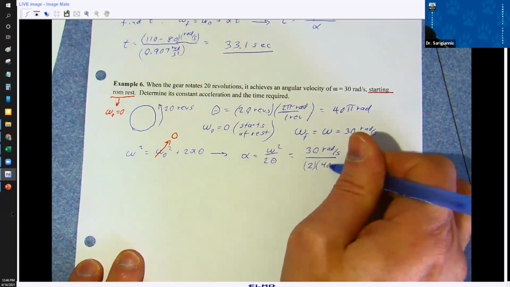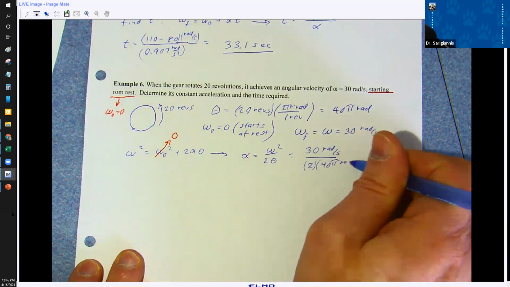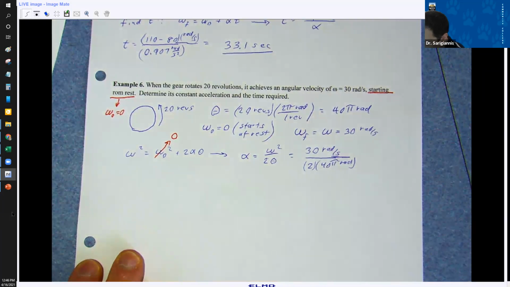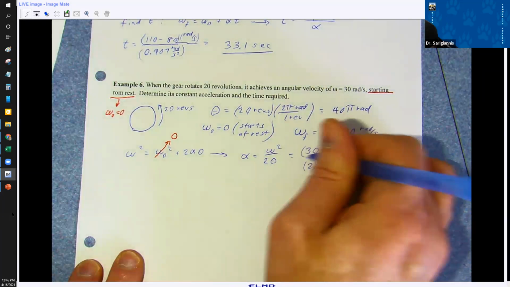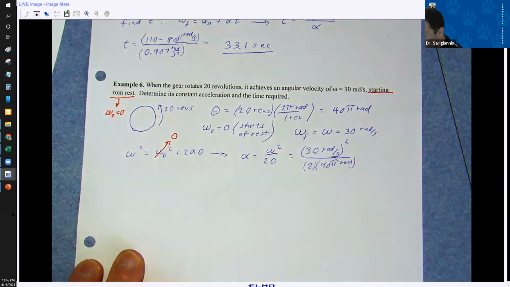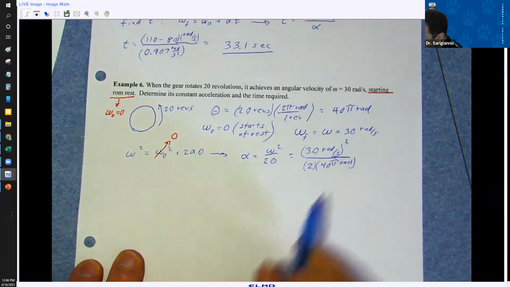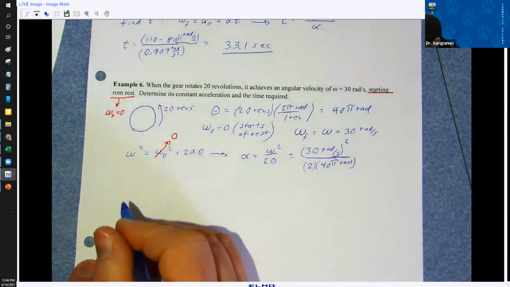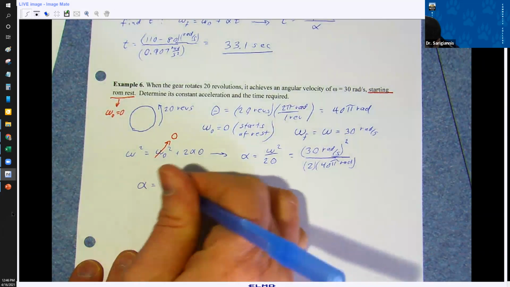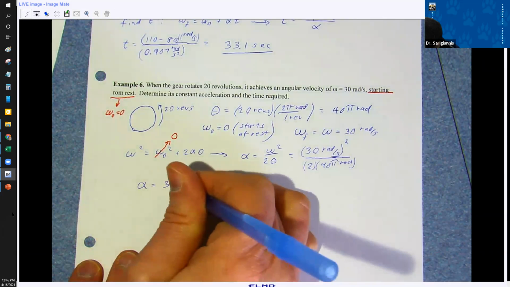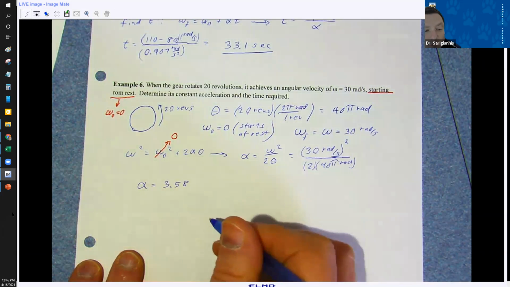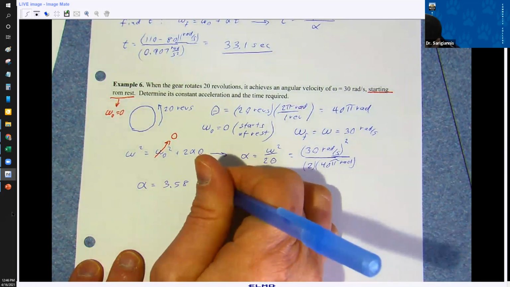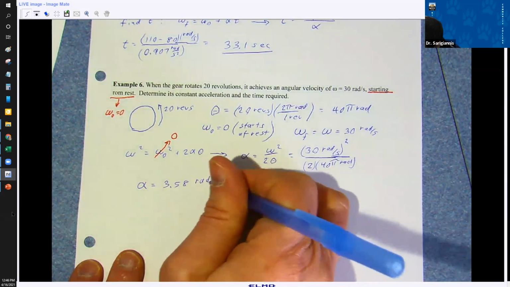My theta was 40 pi radians. Oh, I got to square this. 900 over 2 times 40 times pi. You can do the math here. Alpha is equal to 3.58 radians per second squared.